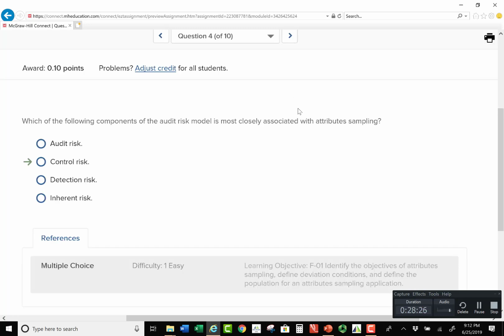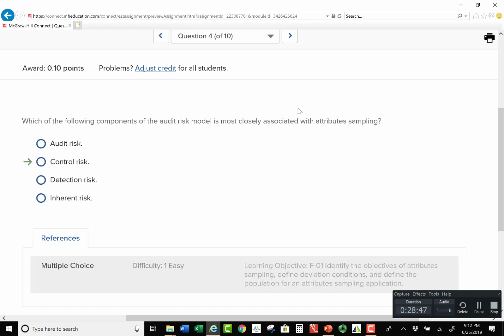Which of the following components of the audit risk model is most closely associated with attribute sampling? Control risk. We use attribute sampling to help us determine the controls' operating effectiveness, and we are using that to support a lower assessed level of control risk.